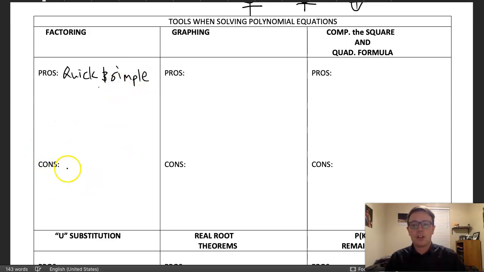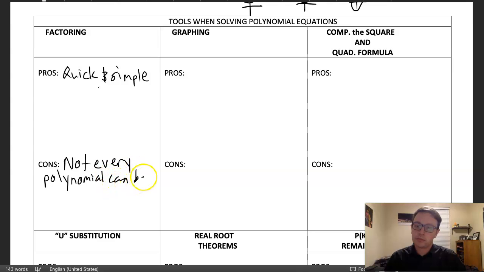Well, not every polynomial can be factored. So we can use factoring because it's quick and simple, but it won't work every time.